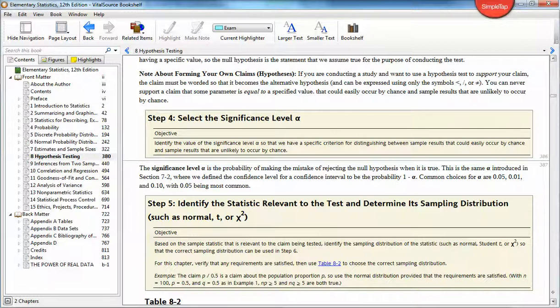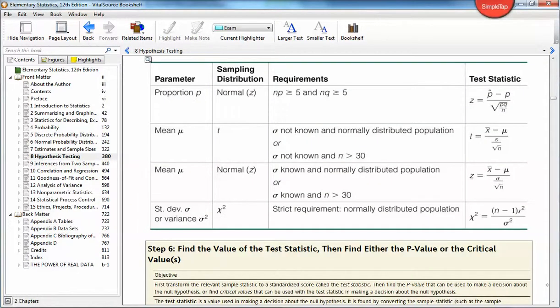All right, this one right here. So if we're talking about a mean, then it's one of these two test statistics. What's the difference? If the population standard deviation is known, then it is a z distribution.